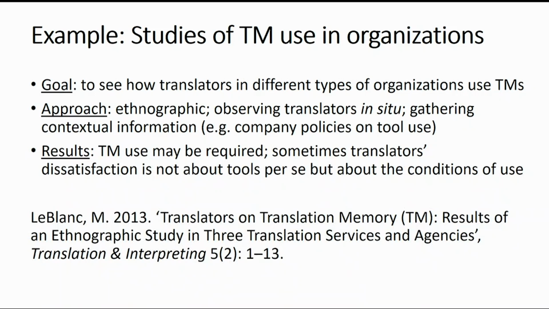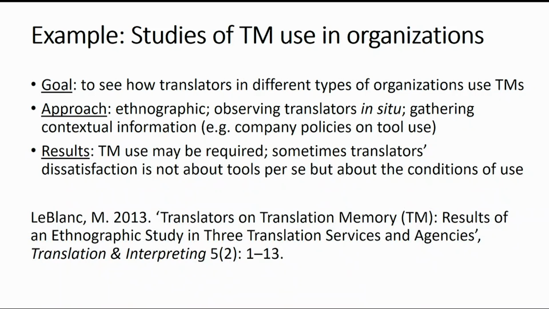We sometimes jump to, the translators are against technology, or this person is against this tool, but really what came out was the dissatisfaction was more around the business decisions governing tool use than about the tools themselves.